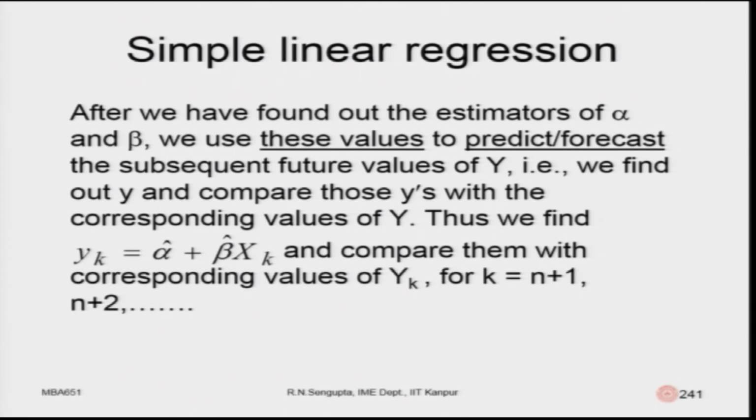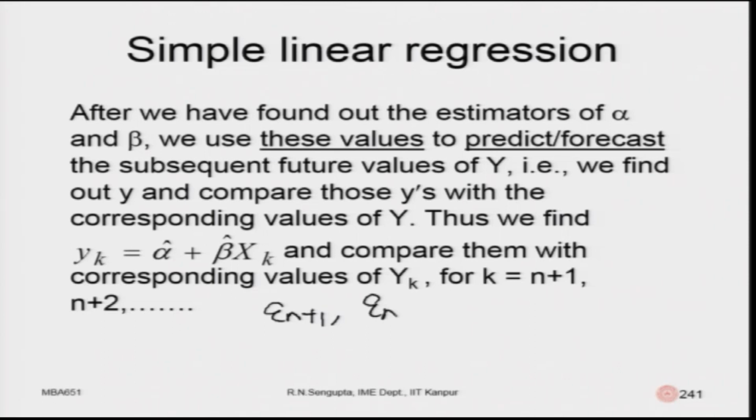So, say for example, if the prediction is absolutely perfect, then the difference between the actual value and the predicted value for the nth plus 1 reading, the nth plus 2 reading, the nth plus 3 reading, and so forth, is the error. So, this is the error for the nth plus 1 time, and there would be an error for the nth plus 2 time. You continue, say for example, you take 1000 such values.